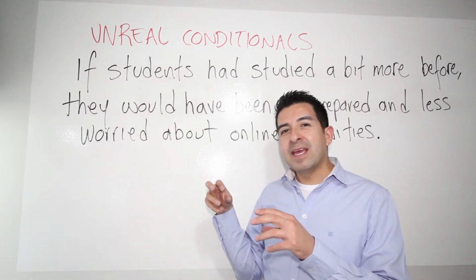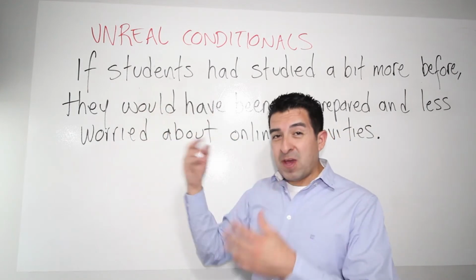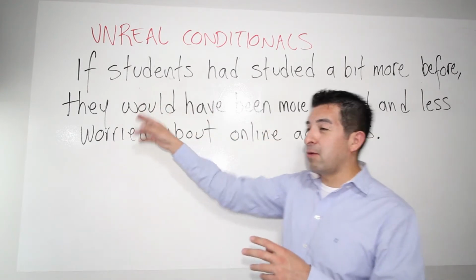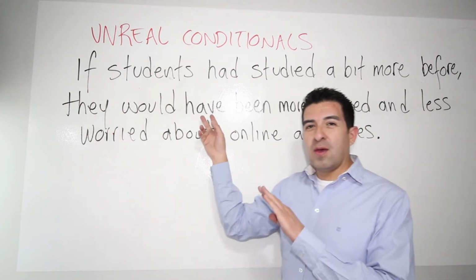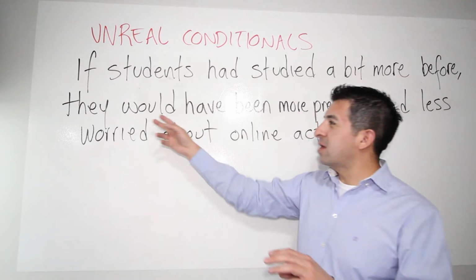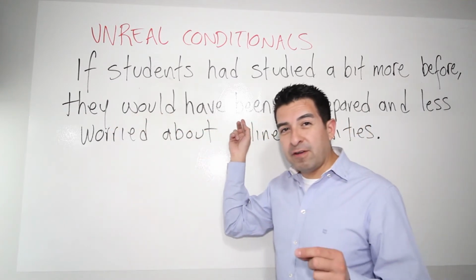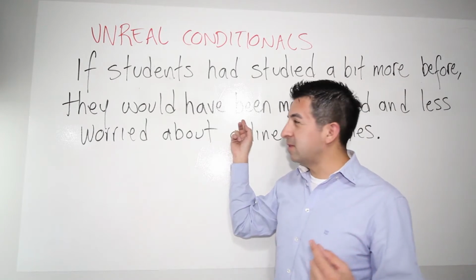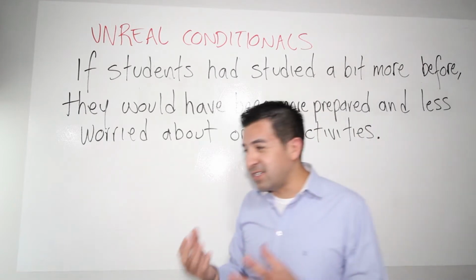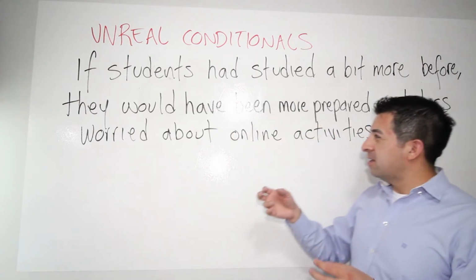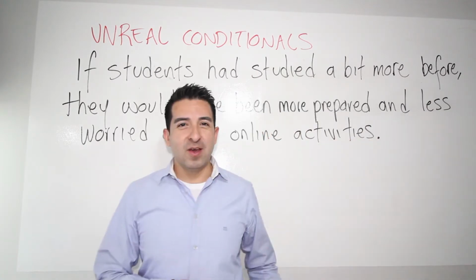So an imaginary situation in the past, they would have, no matter who is the subject all the time, have. They would have been the main verb in past participle. They would have been more prepared and less worried about online activities now. You're not prepared, right? I know it.